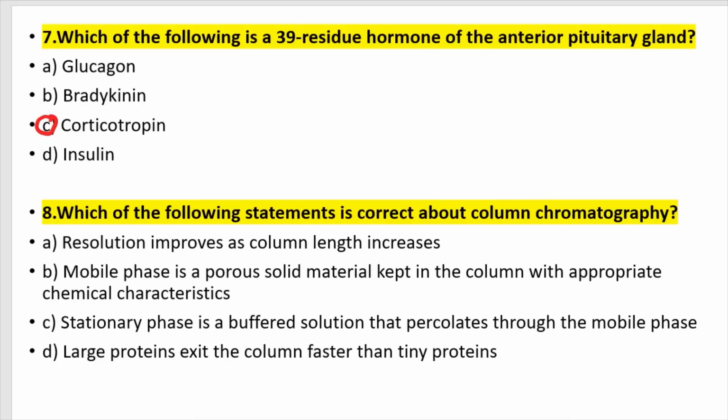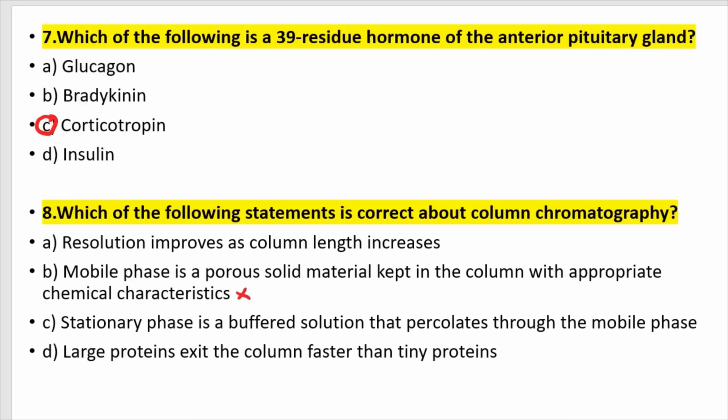Number 8. Which of the following statements is correct about column chromatography? A. Resolution improves as column length increases. B. Mobile phase is a porous solid material kept in the column with appropriate chemical characteristics. No. C. Stationary phase is a buffered solution that percolates through the mobile phase.